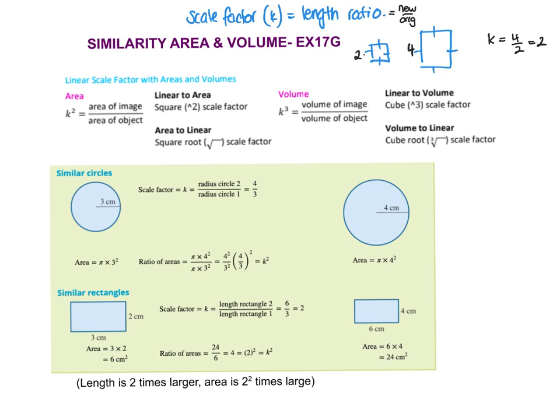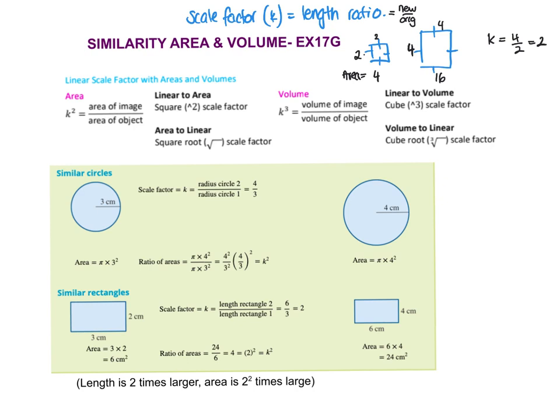Now, if you thought about the areas of these squares, remember the area is length squared, so 2 times 2. This one's area would be 4 and this area would be 16.